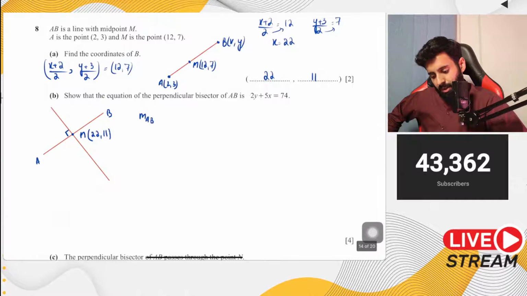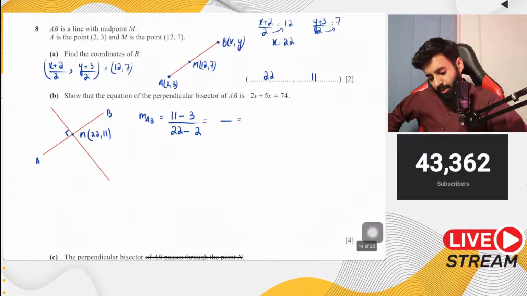So that's going to be equal to (11 minus 3) over (22 minus 2), that is, (y2 minus y1) over (x2 minus x1). 11 minus 3 is 8, and 22 minus 2 is 20. Sorry, my bad.